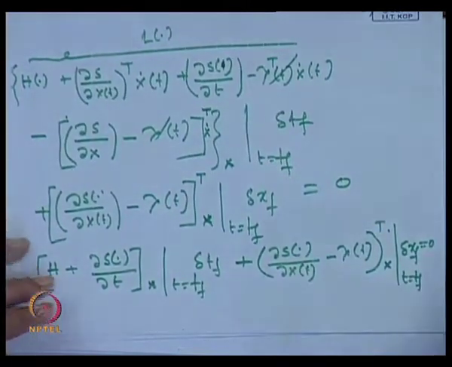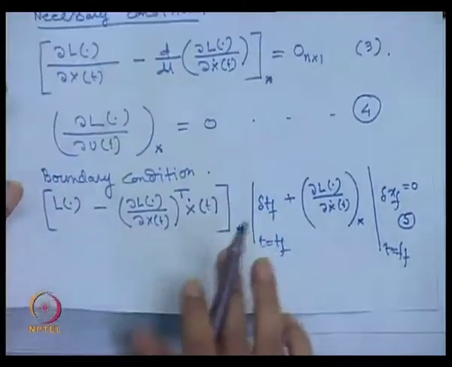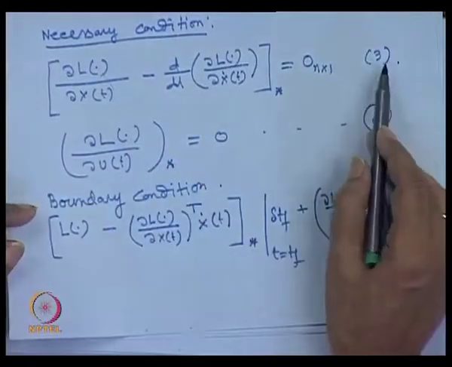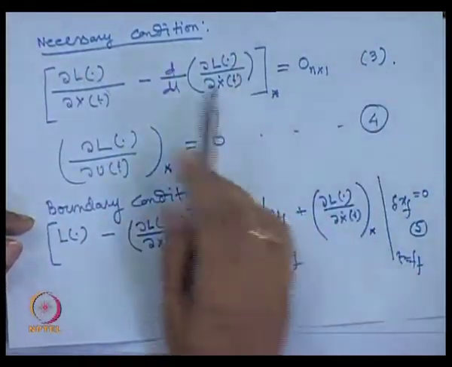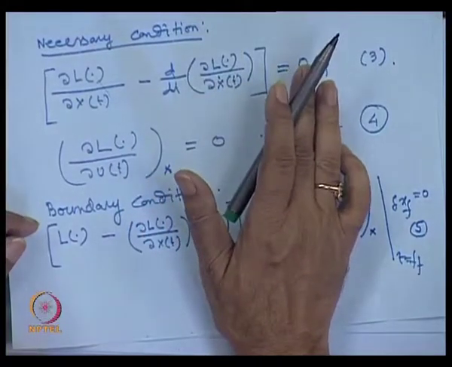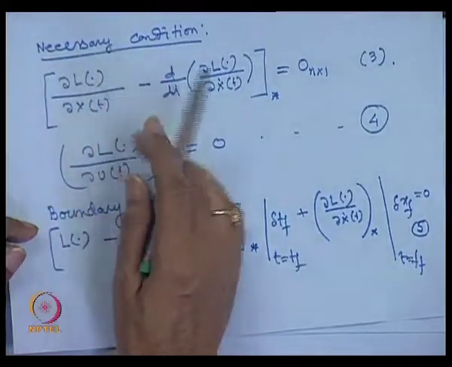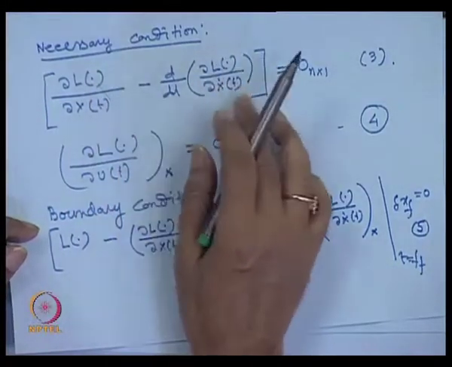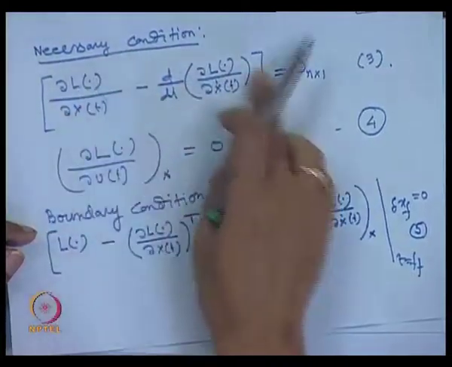This is our boundary equation. Now see what I did: this is the necessary condition expressed in Lagrangian function, and when the Lagrangian function is expressed with the Hamiltonian function and some other terms, we replace L by this and simplify.